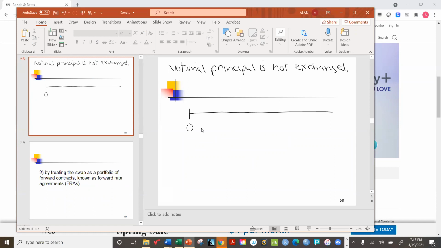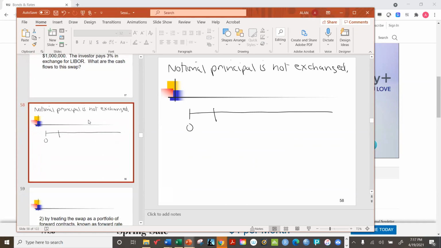And now going forward, I'm paying 3%. So we could think of this 3% of $1 million as $30,000, or 3%. Let's think of it as 3%. So the way we'll think about it is that I'm receiving LIBOR, specifically L0, and I'm paying 3%.